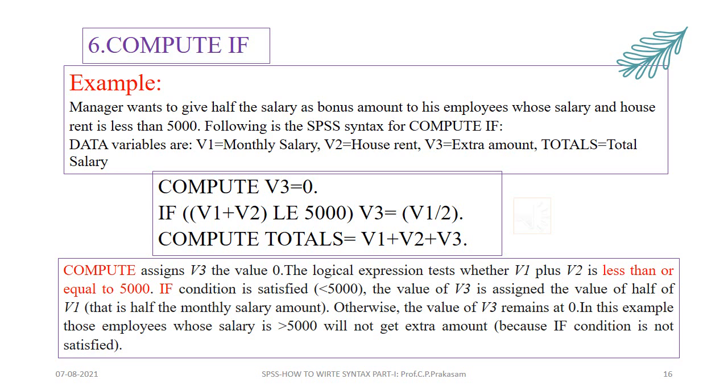Then COMPUTE V3 equals 0, which means the extra income has been initialized. Then the IF condition: if V1 plus V2, that is the monthly salary as well as the house rent, is less than or equal to 5,000, then V3 will be executed as half of the total monthly salary.